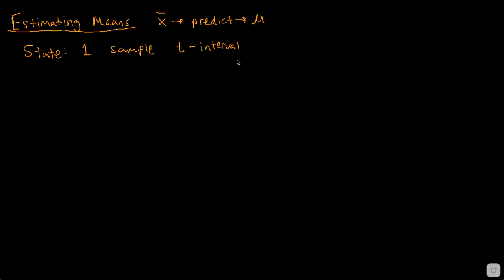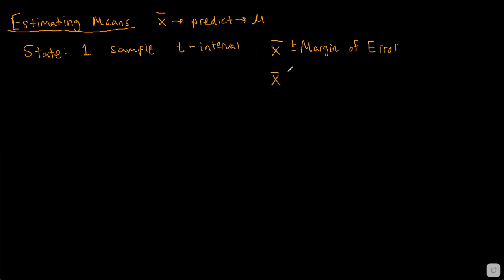So to create this interval, much like proportions, we're going to start off with our point estimate, our statistic X bar, and then add and subtract the margin of error. The margin of error can definitely be expanded in this formula, and it's going to change a little bit because we're not using p hat anymore, we're using X bar.